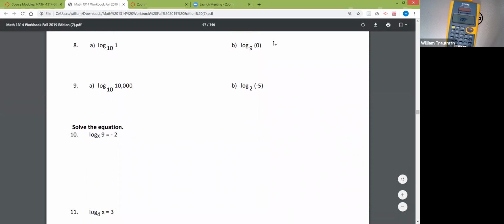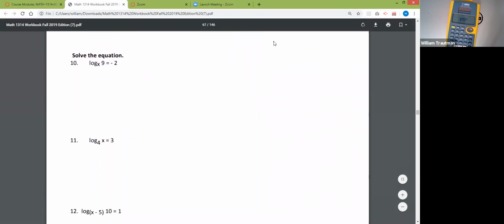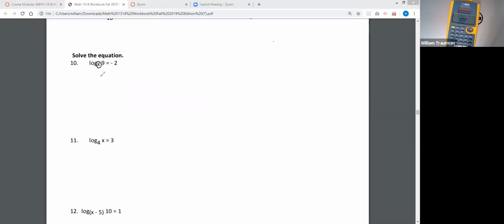All right, number 10, solve for x, the same thing. So the steps are the same. Step number 1, change it to exponential form. There's a to the b power equals c.